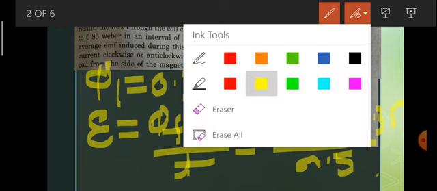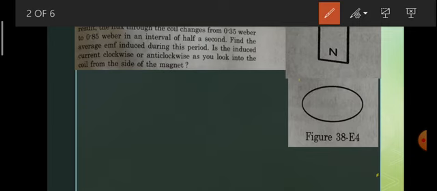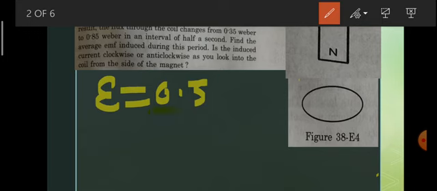Here time is half second, 0.5. So final flux minus initial flux upon time 0.5. On solving this equation, EMF induced is given by 0.5 upon 0.5 equal to 1 volt. That's how we have found the average EMF induced.